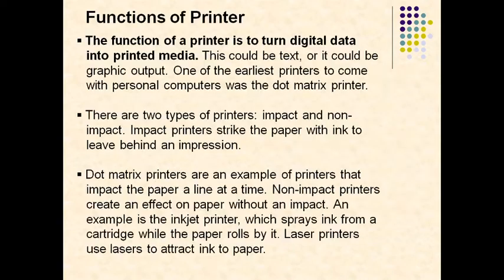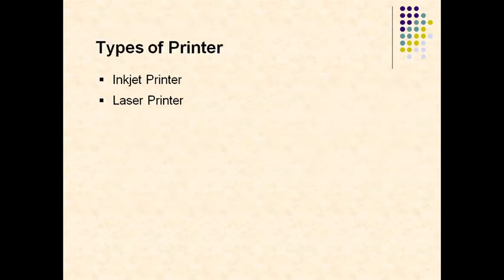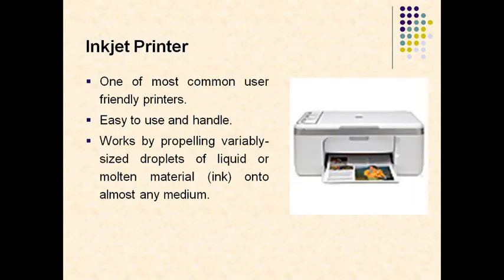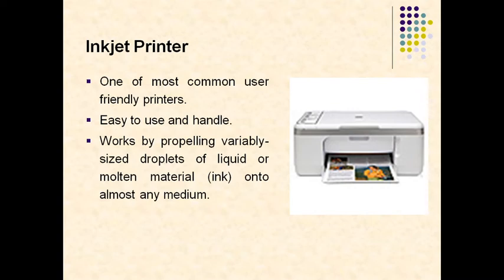The types of printers are inkjet printer, laser printer, plotter, dot matrix printer, and thermal printer. These five types of printers we are going to discuss in today's class. Now let us proceed to the first type of printer, the inkjet printer.